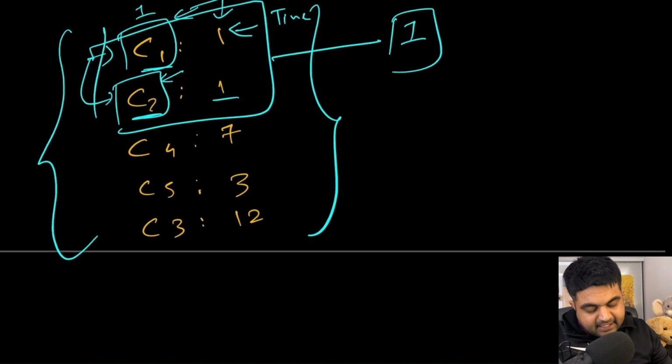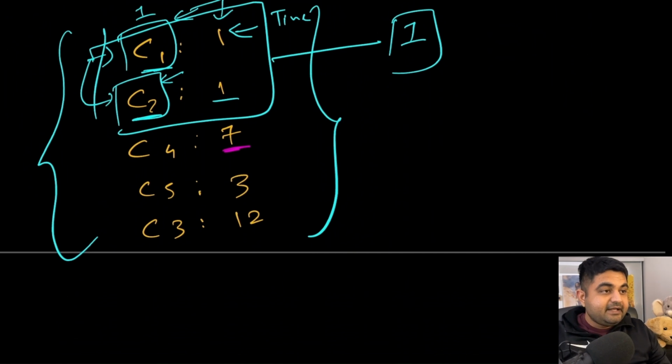Now in the second scenario, we have the time it takes for C4 to reach the destination as 7 hours, and the time it takes for C5 to reach the destination as 3 hours, which means C5 actually is much faster than C4. So eventually C5 would be close enough or just behind C4 before C4 actually reaches the destination.